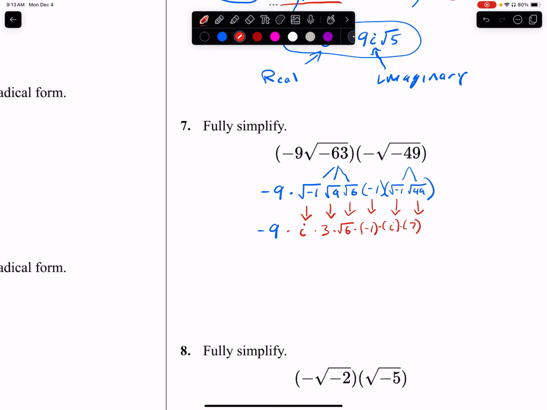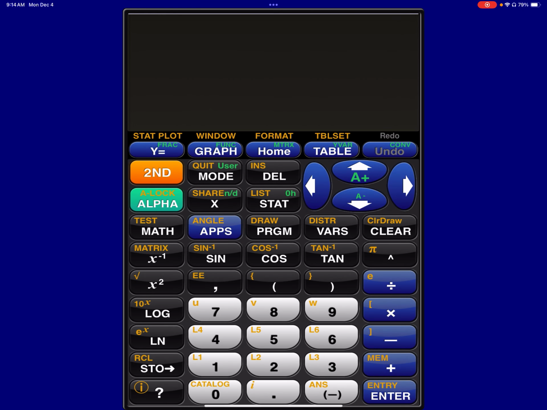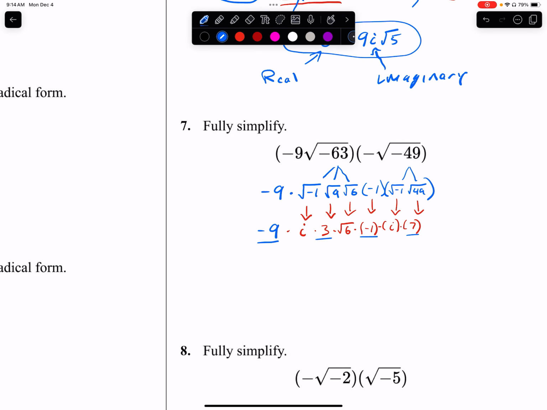If you can, I would definitely use your calculators and start with the numbers first. So I've got negative 9, I've got 3, I've got negative 1, and then I've got a 7. We just multiply in our calculator: negative 9 times negative 1 times 3 times 7.